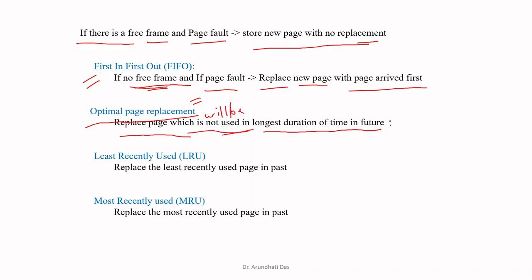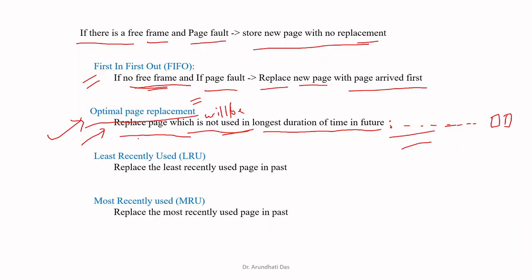So in this optimal replacement, the requirement is that I have to know beforehand what will come in the future, which is actually not feasible. This optimal page replacement is practically not feasible to implement, because then I have to know all the future pages or processes that will come.